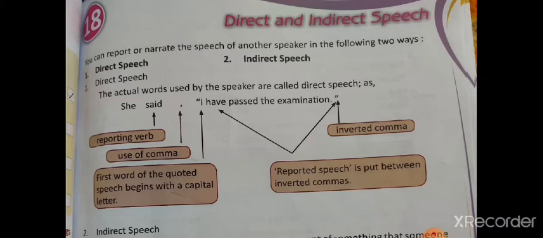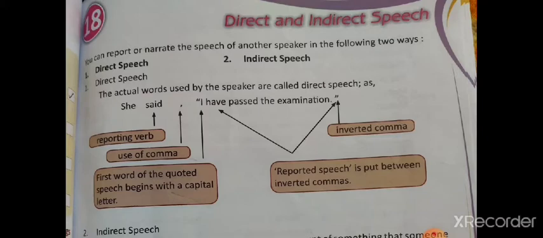And whenever we are writing a sentence in direct speech, two things are very important for us to understand: the use of comma and the double quotes that are written in this example. She said, comma, inverted comma starts, I have passed the examination, full stop, inverted comma ending.